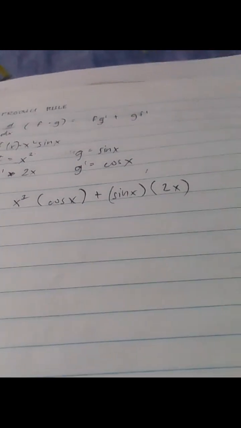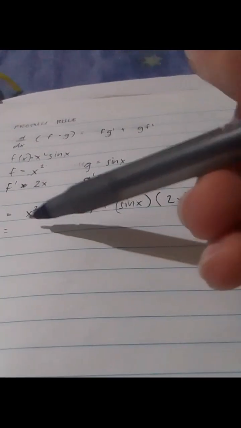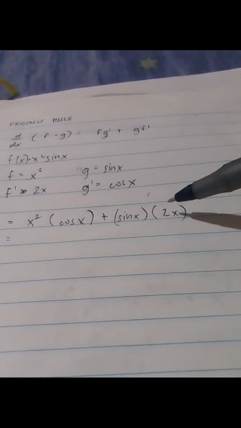We solve this one. For now, we get x squared times cosine x plus sin x times 2x.